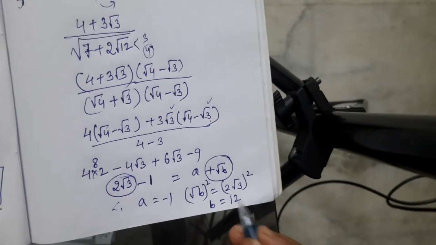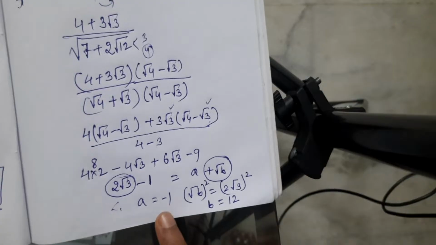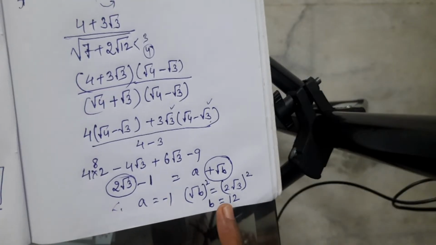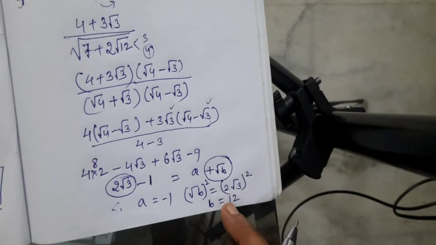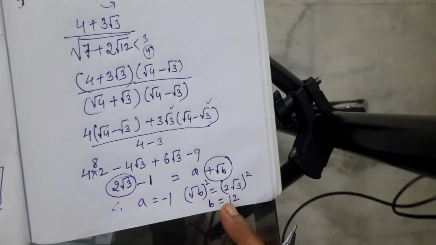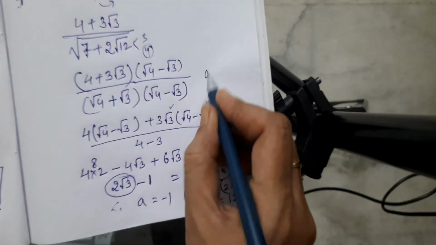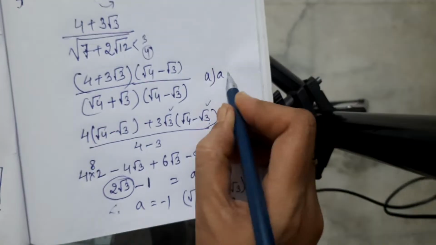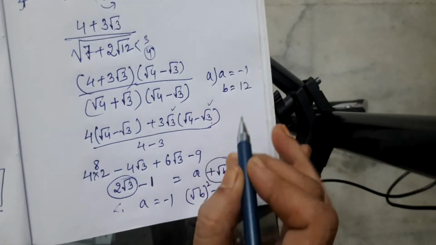So when we square, we got b as 12. So the final answer is a = minus 1 and b = 12. Is it clear? Understood everyone? This is option number A. We got a as minus 1 and b as 12.